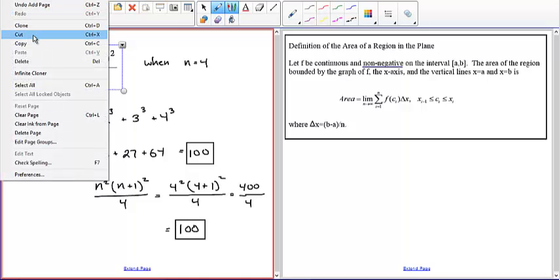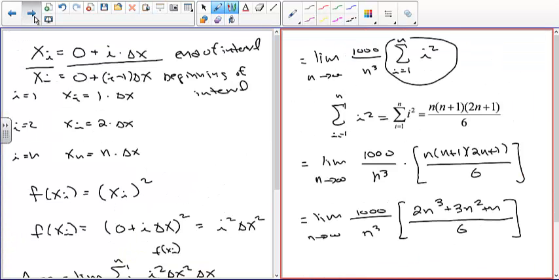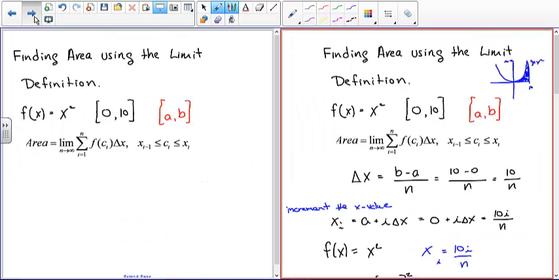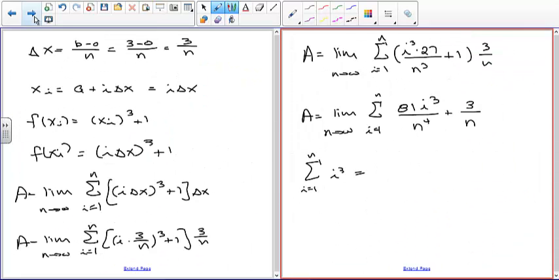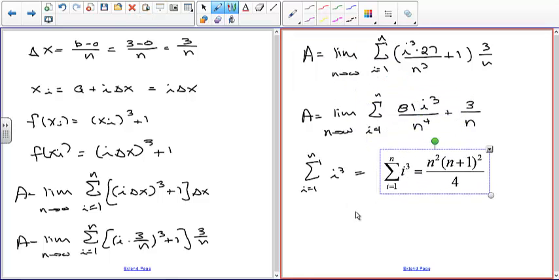Edit, copy. There we go. You have to wait for that little thing to become highlighted. Okay. Paste. So there it is. It's equal to n squared times (n plus 1) squared, divided by 4. So we put that in.